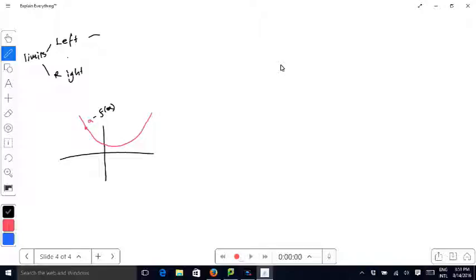I might not be interested at that point, but I'm interested in what happens as I get closer to that point. I get the limits, what happens on the left and also what happens on the right. And do they converge to the same point? Well, for a quadratic, yes, they will, but we will have a look at other functions where they don't.